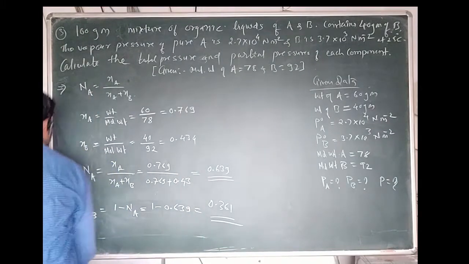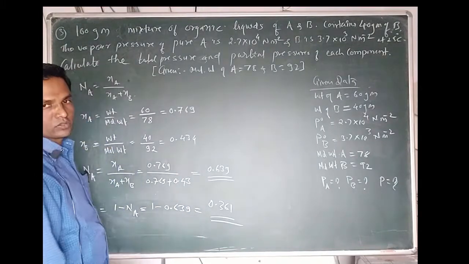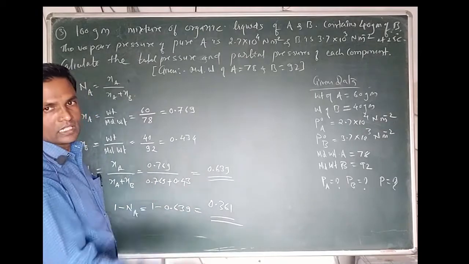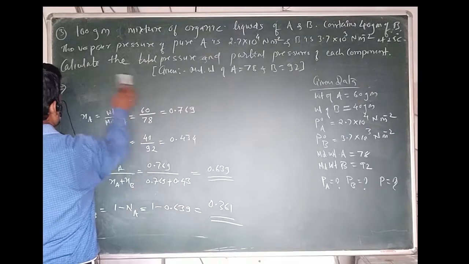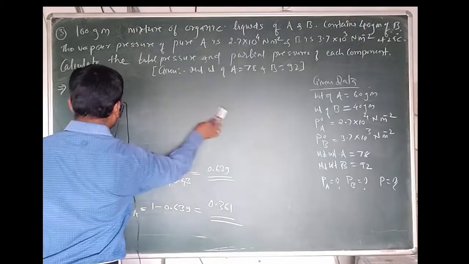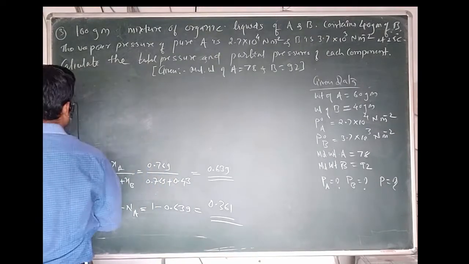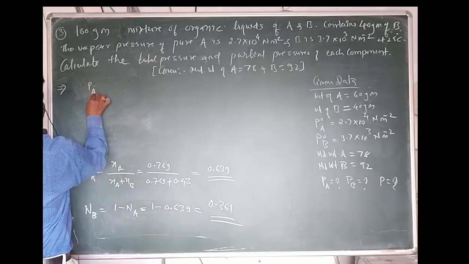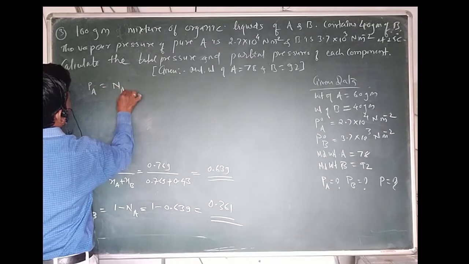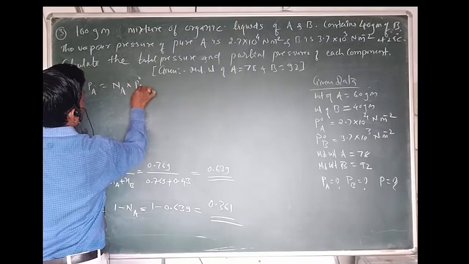Now let me start calculating the partial vapor pressures of A and B, and then we go for the total vapor pressure. How can the partial vapor pressures be calculated? Very simple. The partial vapor pressure of A, PA, is equal to NA into P0A.